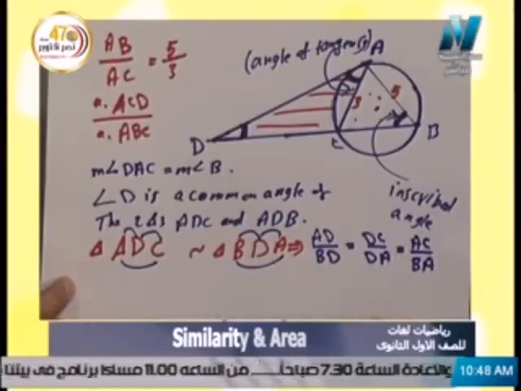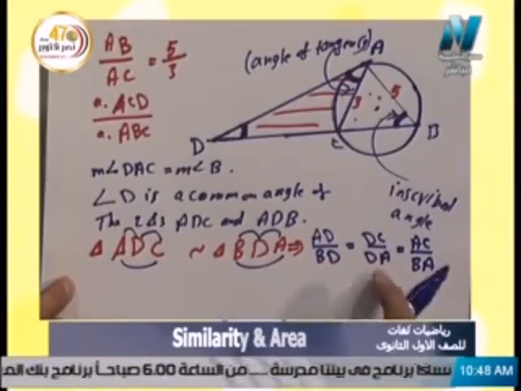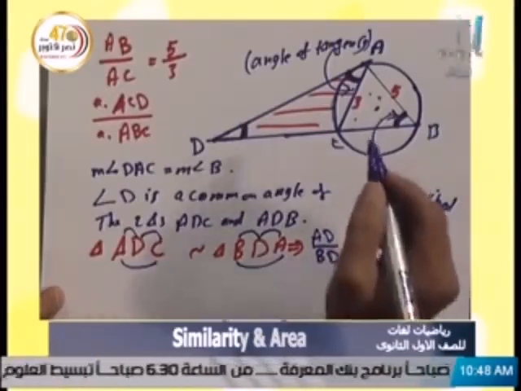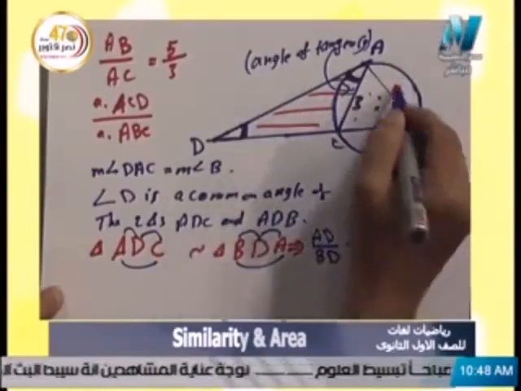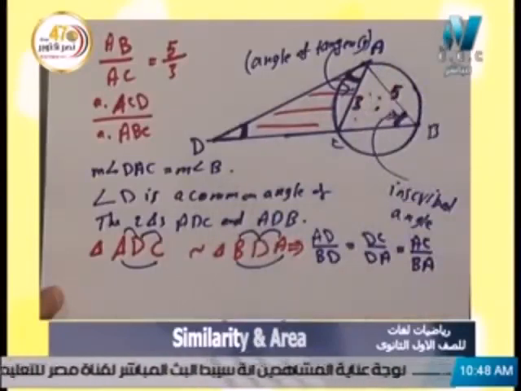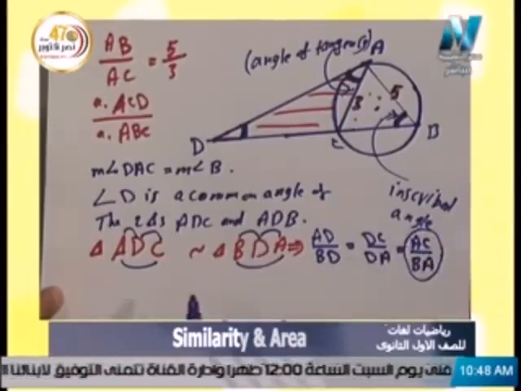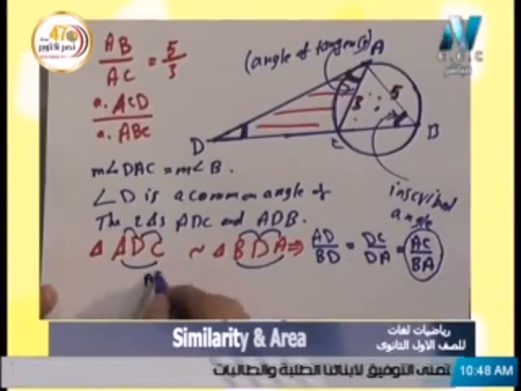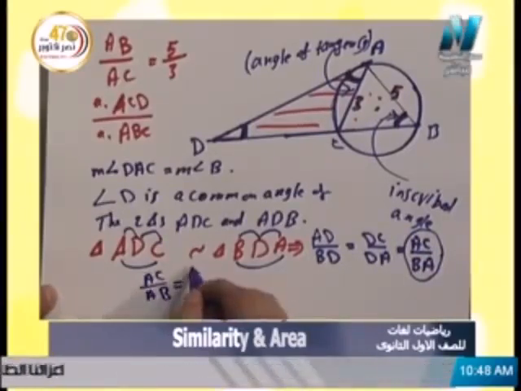So we have now the similarity ratio, this one equals this one equals this one, and we will concentrate specifically on AC and AB because we have them. So AC over AB, or BA, equals 3 over 5.